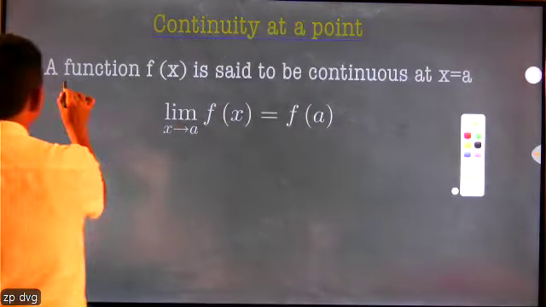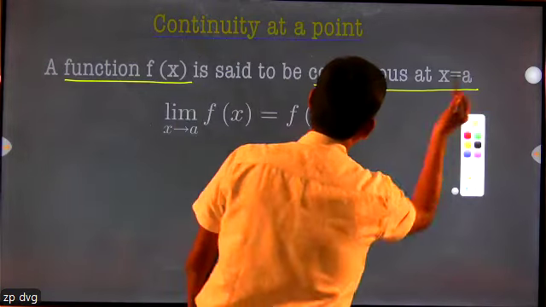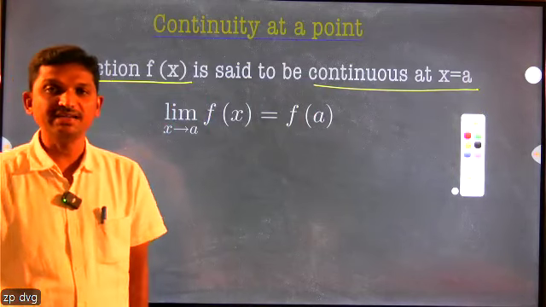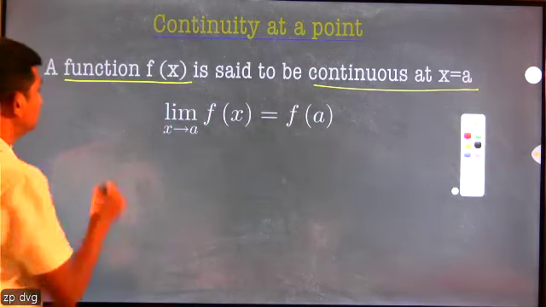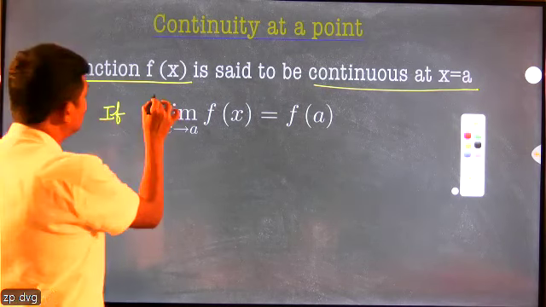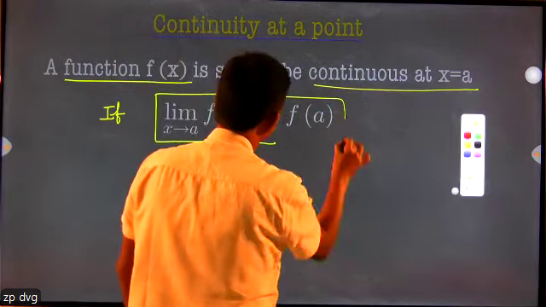A function f of x is said to be continuous at x equal to a if this condition holds good. What is this condition? Limit x tends to a, f of x equals f of a.